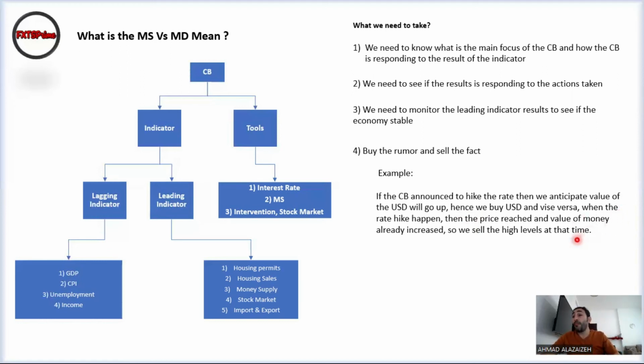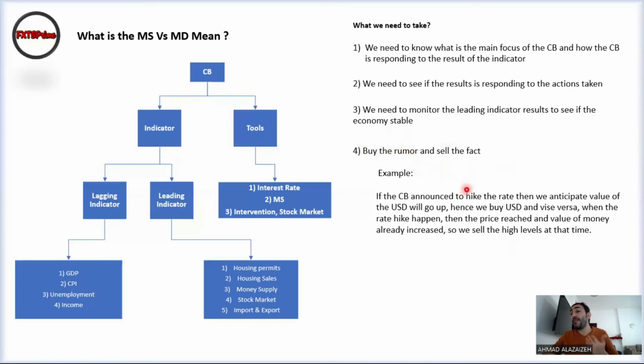So now, based on this rumor and this announcement, we call it rumor, we started to purchase dollar. Why? Because we think that after 1 month, the price will increase because the interest rate will be raised. So this is a rumor. Now we are buying based on our anticipation. So this is what we call buy the rumor.